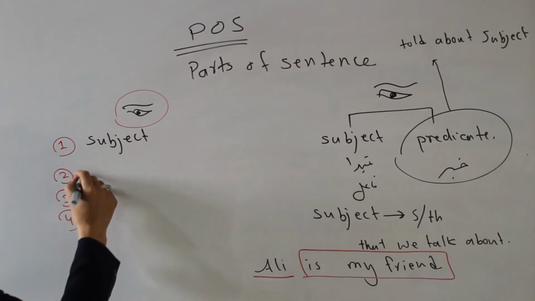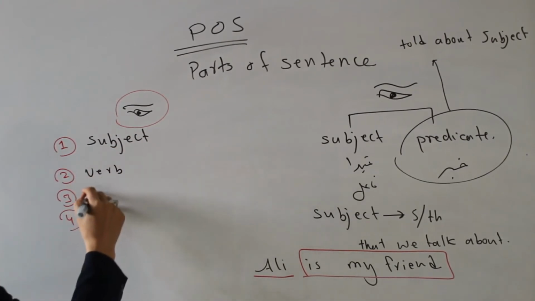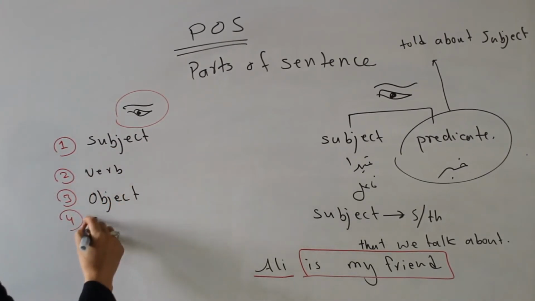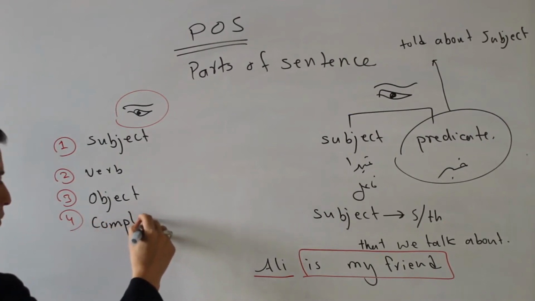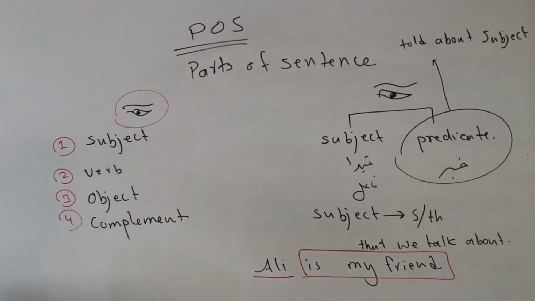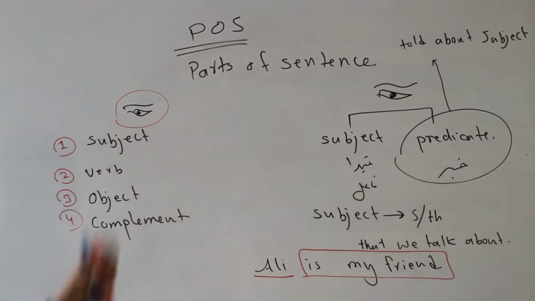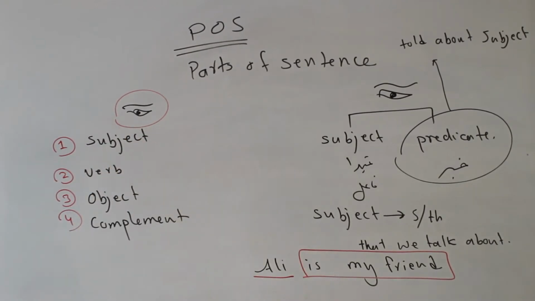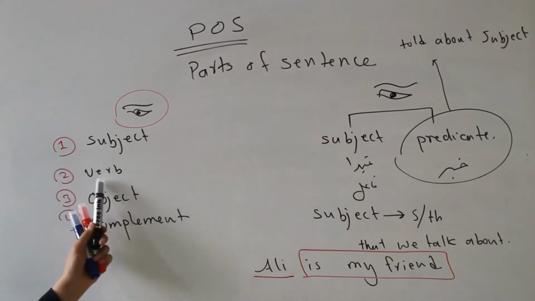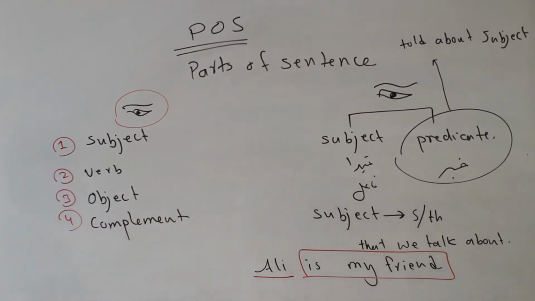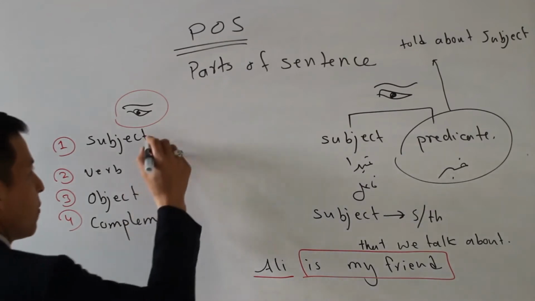The second part of the sentence is verb, object, and complement. So from this perspective, we say that a sentence has four parts: subject, verb, object and complement. So now let's see what is the subject.